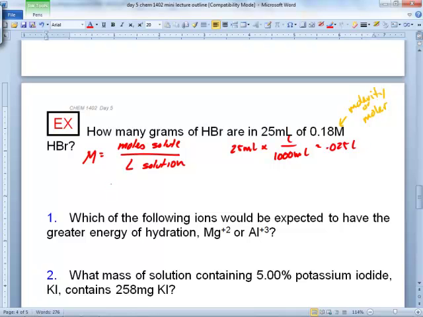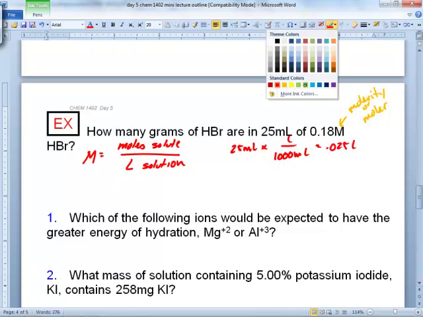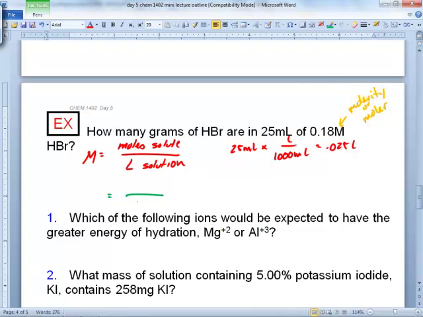Okay, so now we're partway there. What else did you substitute in, Eric? Yeah, 0.18 big M. Solve for the moles of solute.